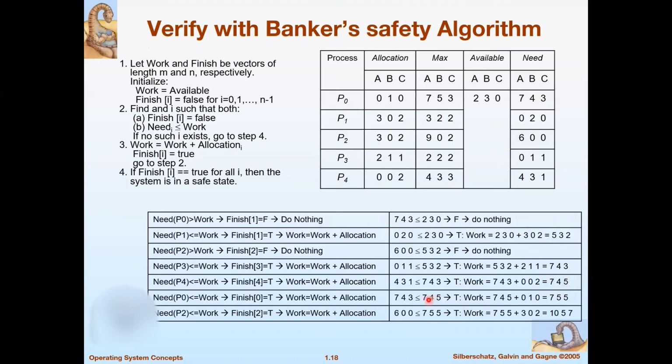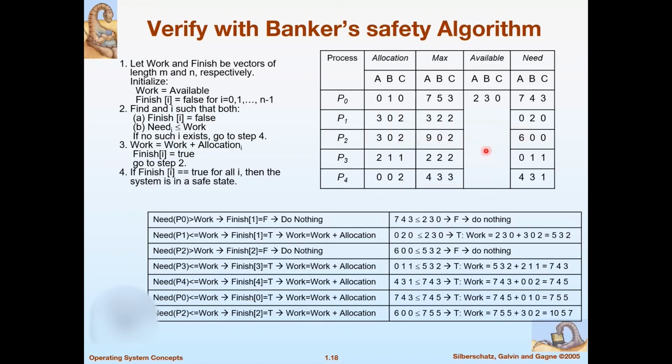So P0 can also complete, and after completion it will release the resources allocated to it, that was 010. So the current available resource will become 755. With this we come to process P2, because P2 was not completed in the first go. The future requirement of P2 is 600, which can now be met with the current available.